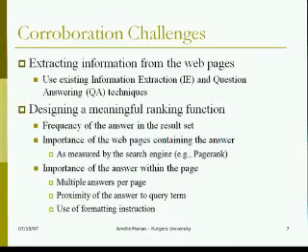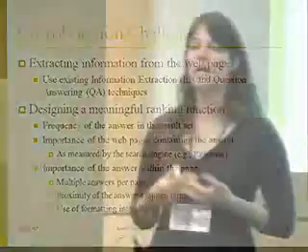These slides are based on some work that was presented at WebDB last month, and it's some preliminary results on the web corroboration work. So what are the challenges for doing web corroboration? The first challenge is to extract information from the web, and as it turns out, it's a very difficult challenge.